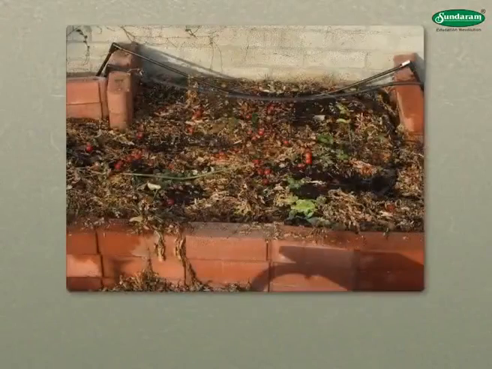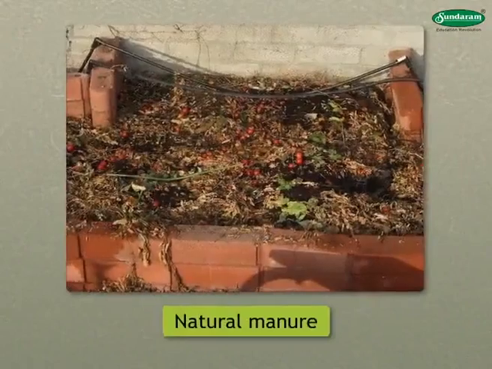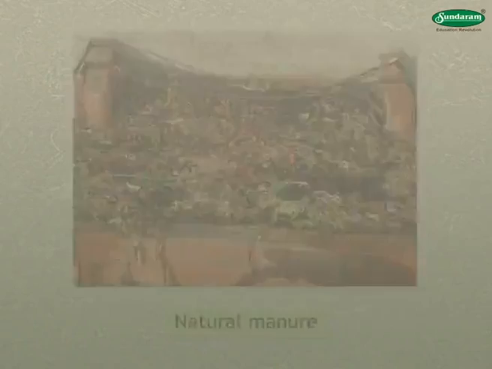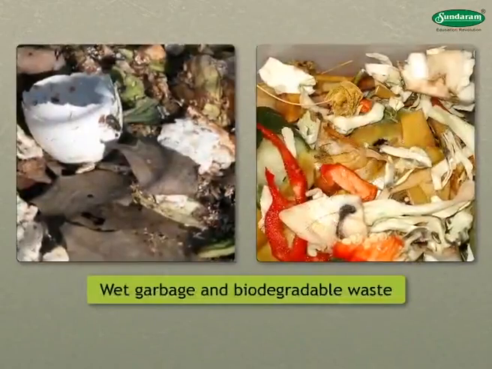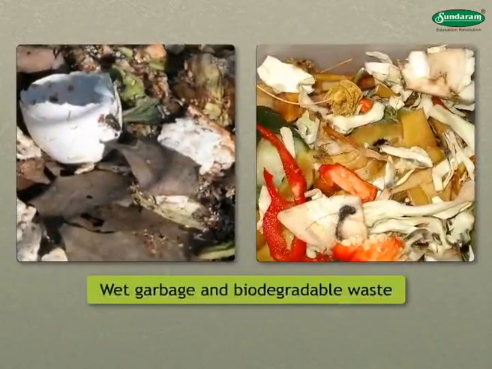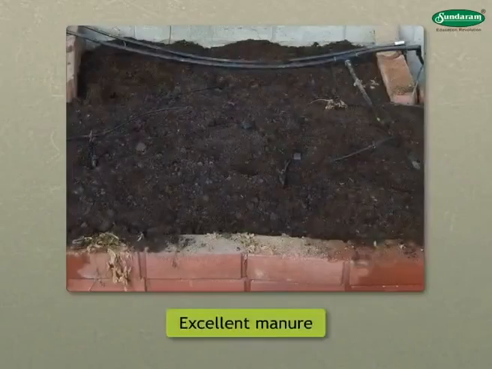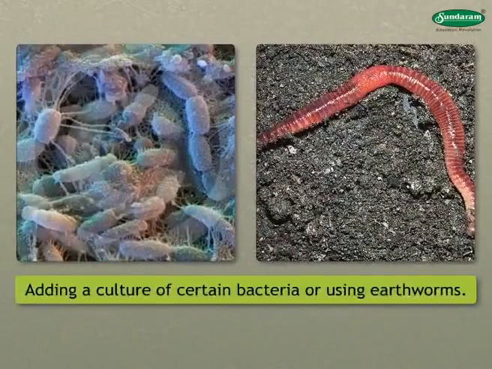Let us understand how natural manure can be prepared with the use of wet garbage. Wet garbage and biodegradable waste can be converted into excellent manure by adding a culture of certain bacteria or using earthworms.